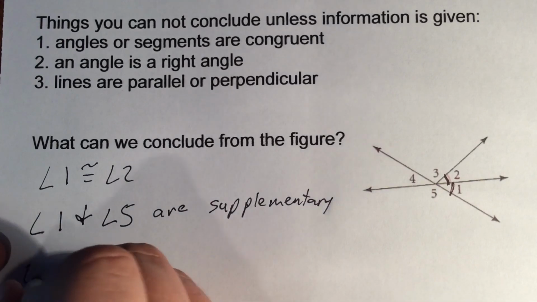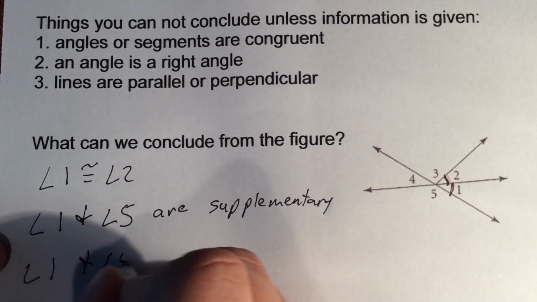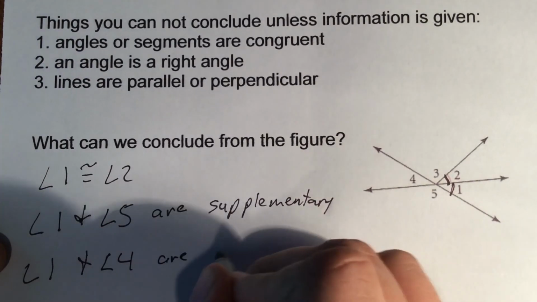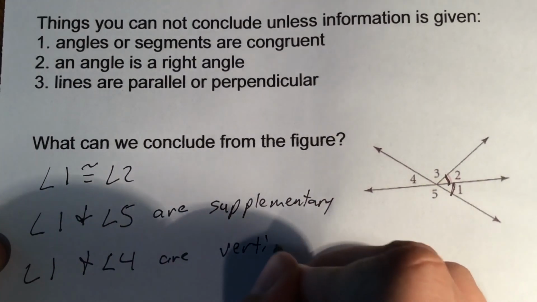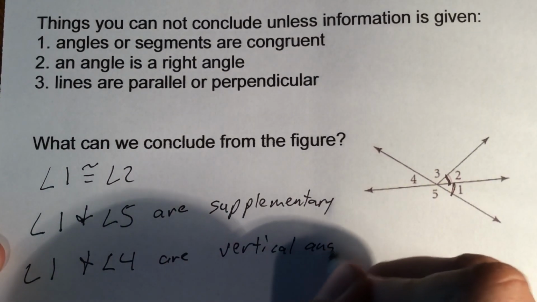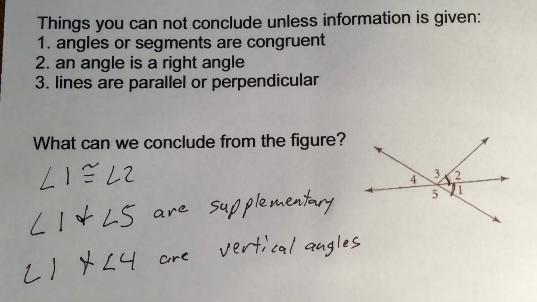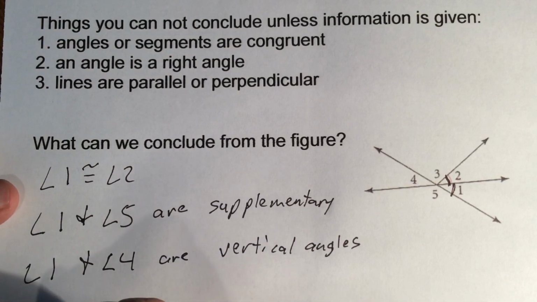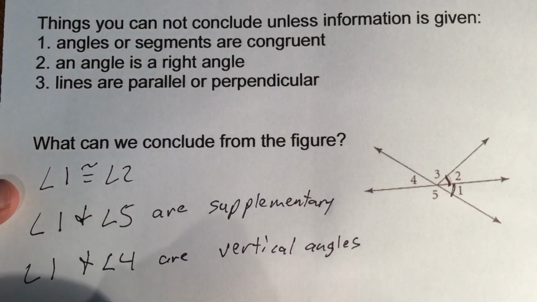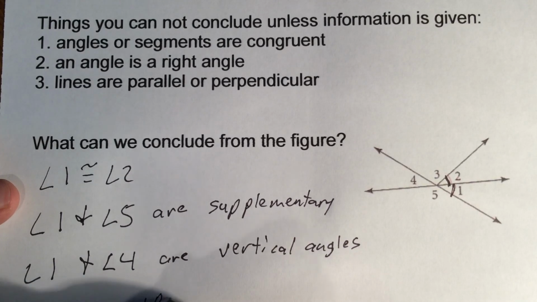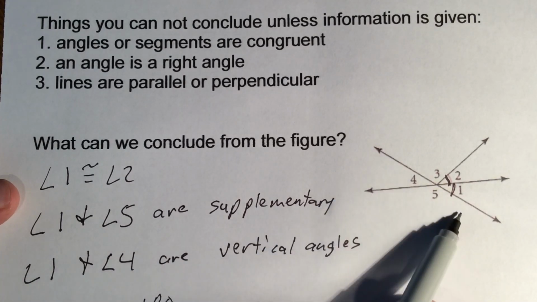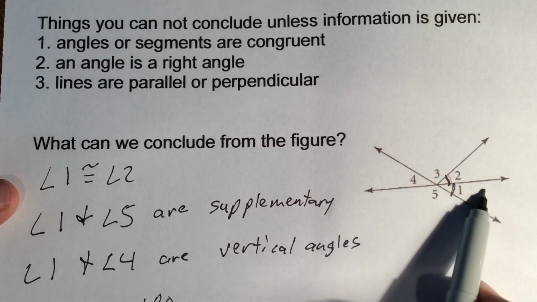We can say that angle 1 and angle 4 are vertical angles. We could say that angle 4 plus angle 5 equals 180 because they would be supplementary, just like 1 and 5 are.